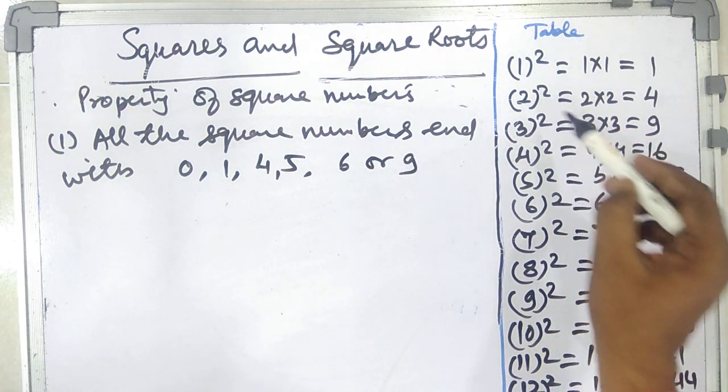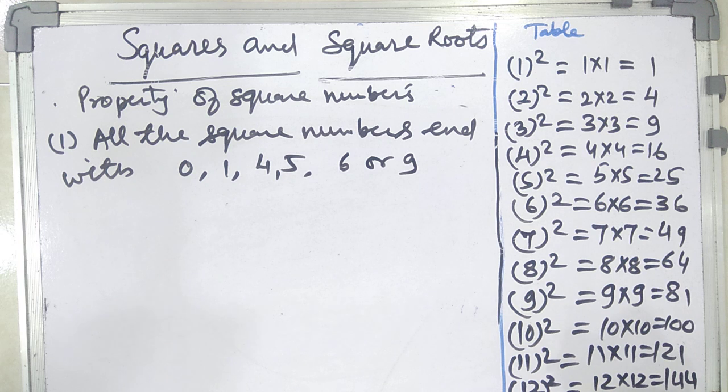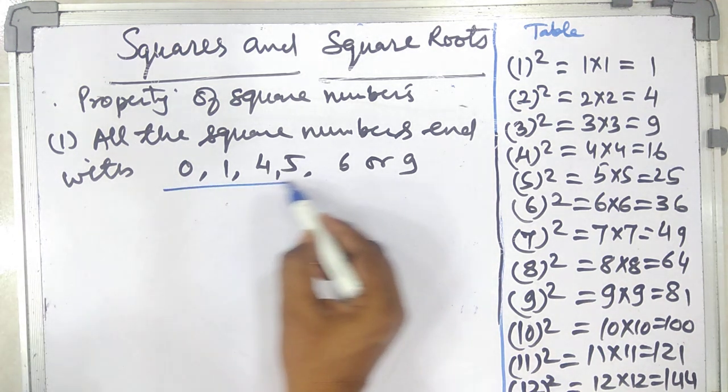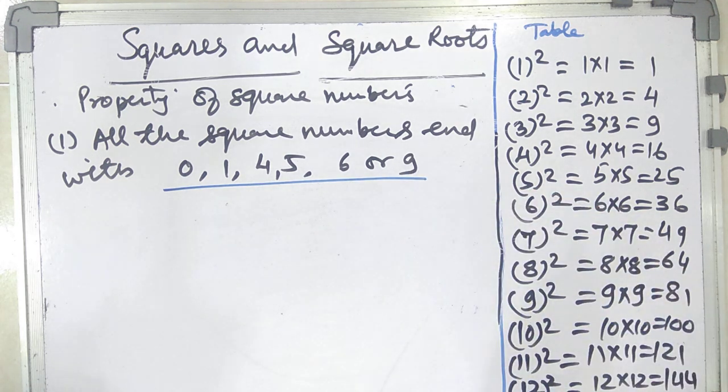Observe the table: all the square numbers end with 1, 4, 9, 6, 5, 6, 9, 4, 1, 0, 1, 4. Ending means the digit in the unit place. So all square numbers have 0, 1, 4, 5, 6 or 9 in the unit place.